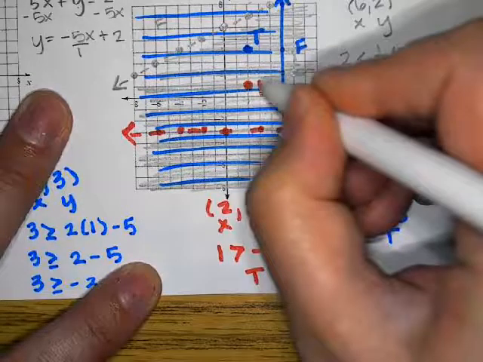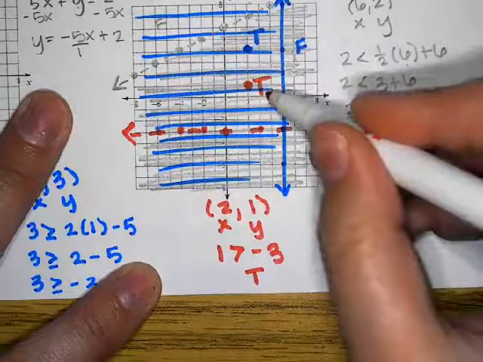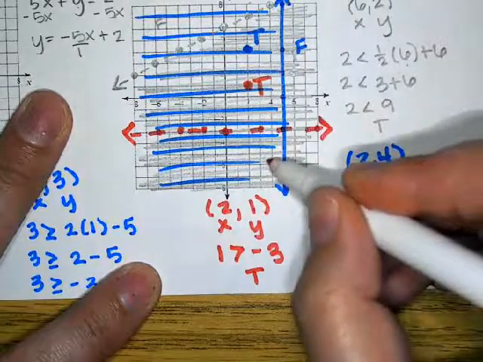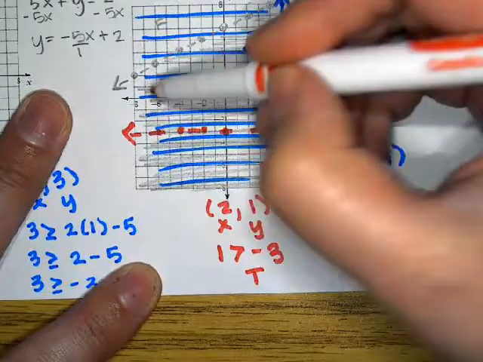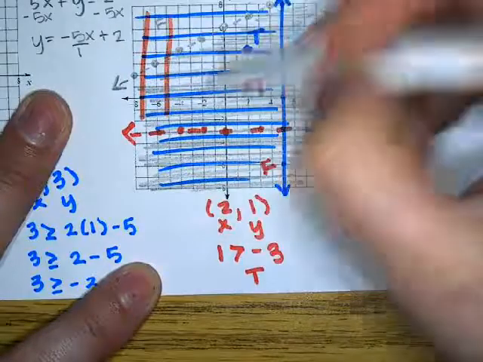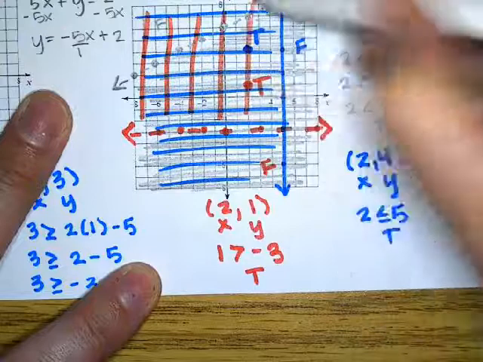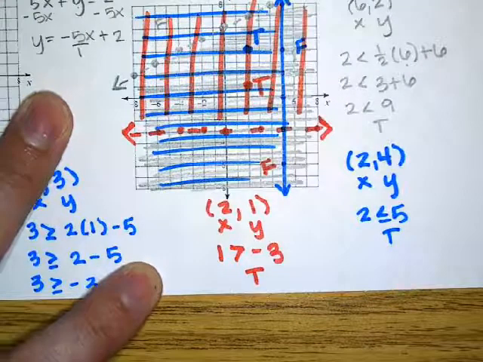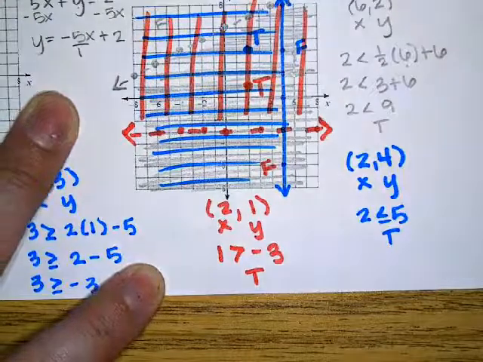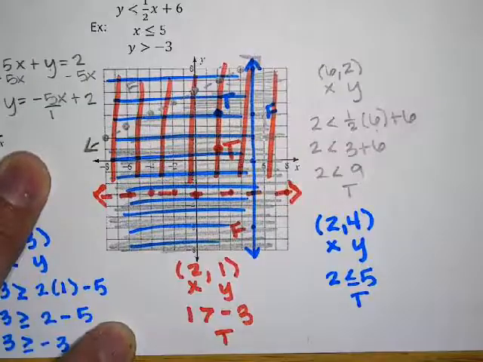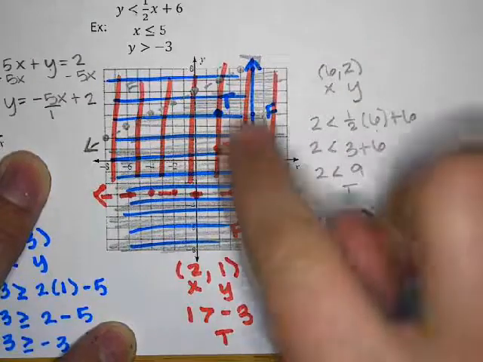That means everything on the other side of the red line is false. And so for the red line, I'm going to shade this way from the red line. All of my answers for this problem are where the blue, the red, and the pencil are at the same time. So right in here, this is where all my answers are.